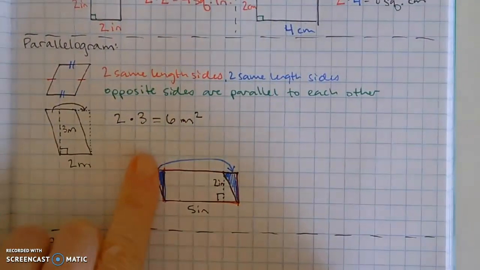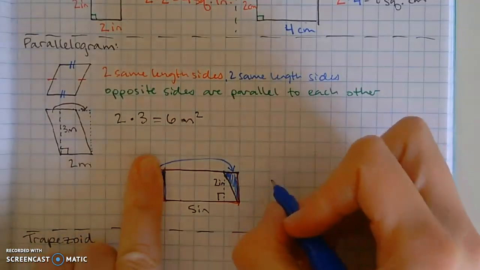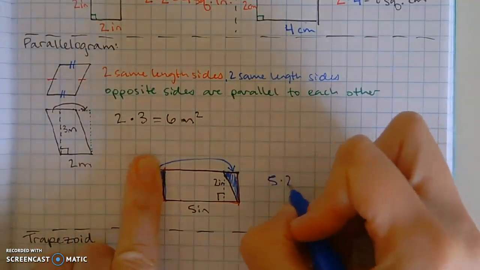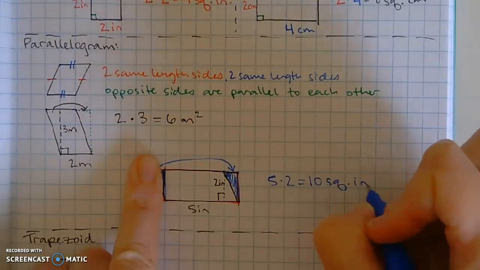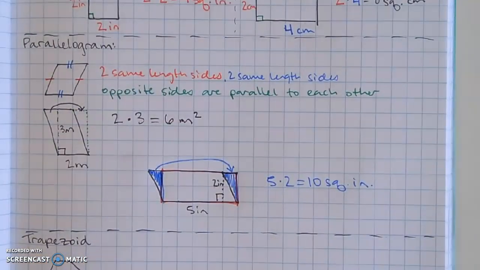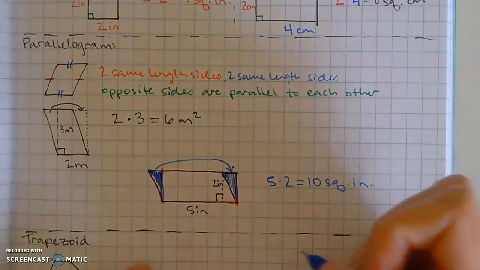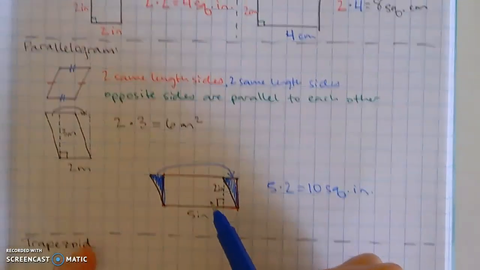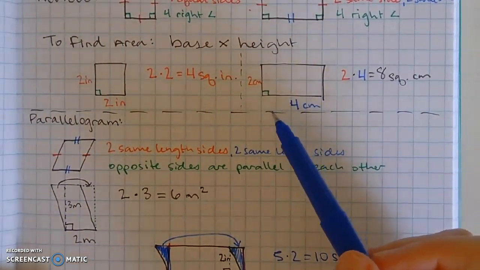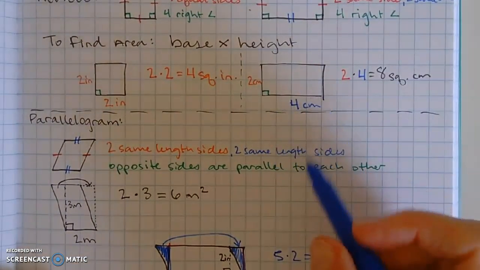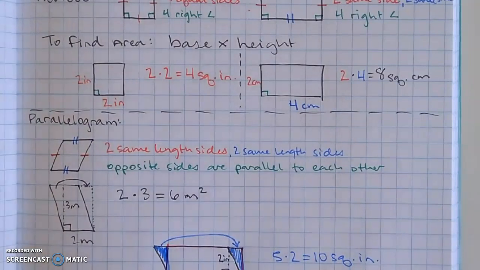So now I have my rectangle here, which is 5 times 2, and that equals 10 square inches, okay? So the area for a parallelogram is going to be the exact same as a square or rectangle, because a square and rectangle are parallelograms.